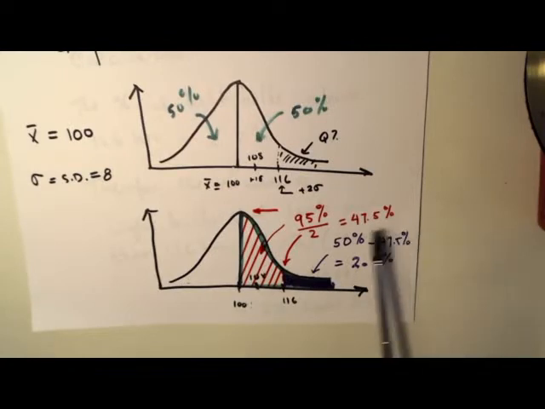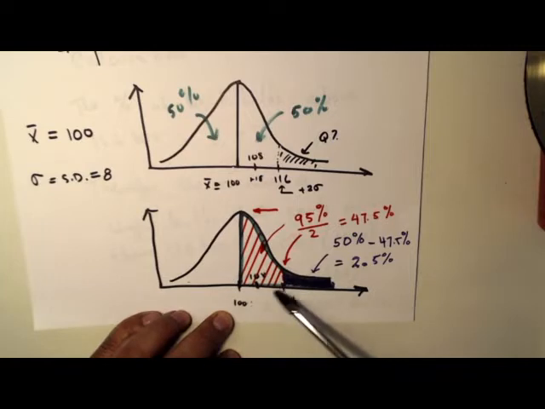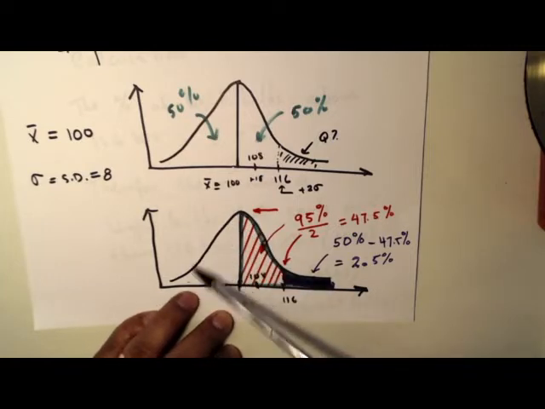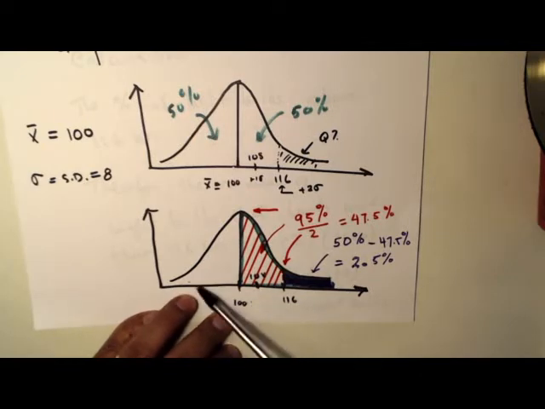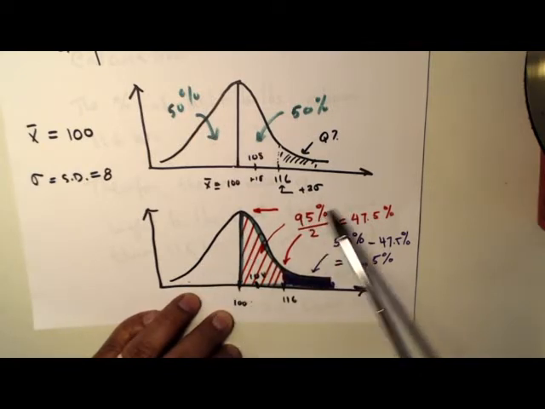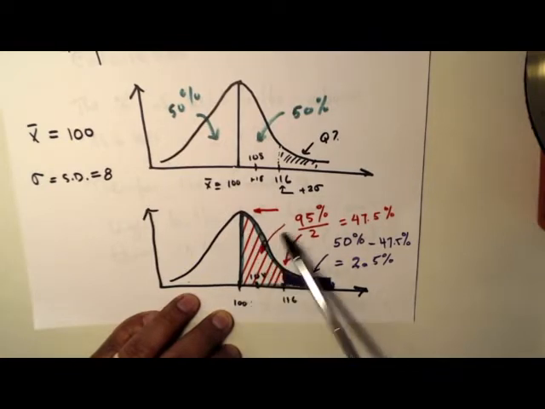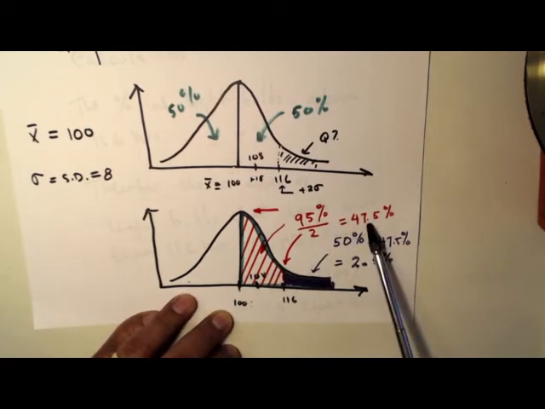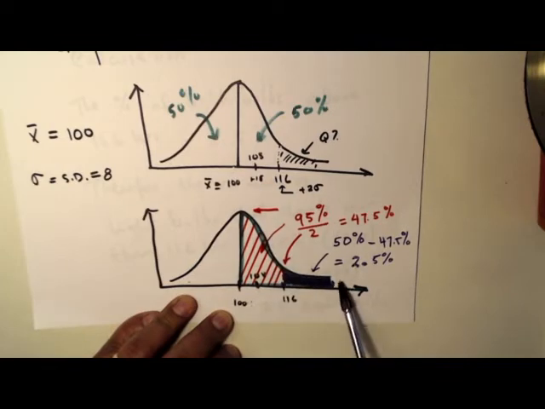We know that within 2 standard deviations, for the whole shape right here, it's 95%, but we only need half. So 95 divided by 2 will be just this part here, the one indicated in red. That would be 95% divided by 2, which is equal to 47.5%. But the whole half, we can say that it's about 50%.